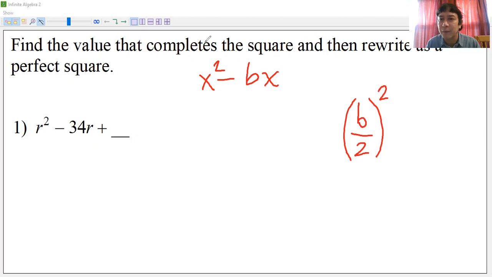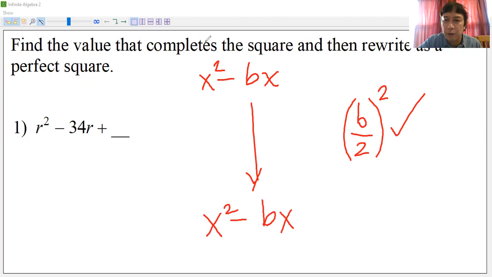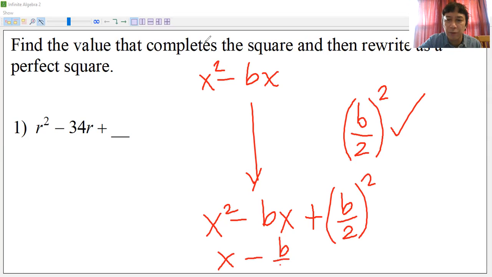This is the required amount, so that this can now be written as x squared minus bx plus (b over 2) squared, and this is equivalent to (x minus b over 2) squared.